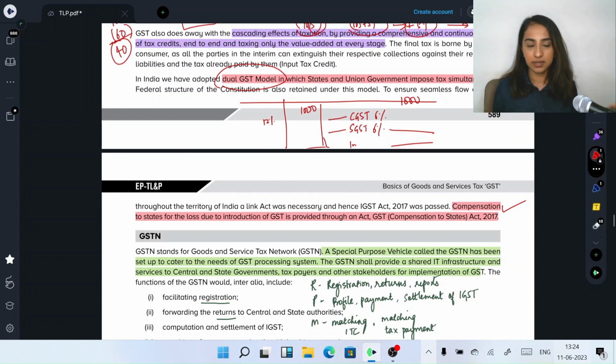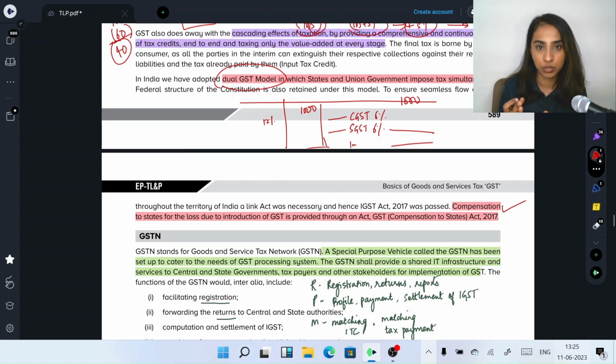Let us understand that earlier, every state used to levy multiple taxes on their consumers, and meanwhile, their earning was way higher. So they were quite worried. What will happen to us if we agree to join GST? What if our revenues come down, right? Most of the states would suffer a revenue hit to their accounts.